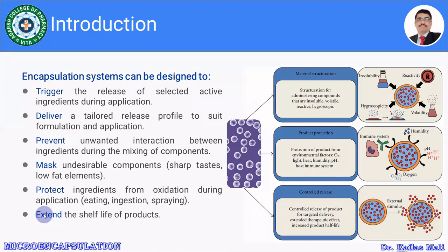So these are the few reasons for microencapsulation, for converting the API into the microencapsulated product. This is about why encapsulation is done, or simply, what the goals of encapsulation are.